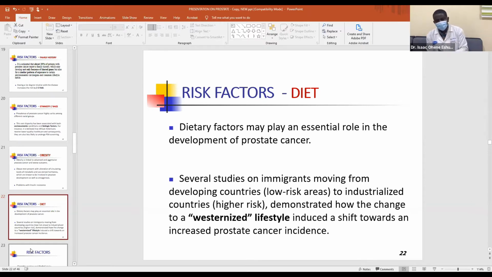Now, once they move to the developed countries, what the research found was a shift towards an increased prostate cancer incidence.